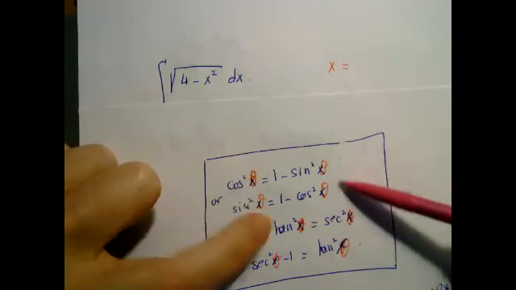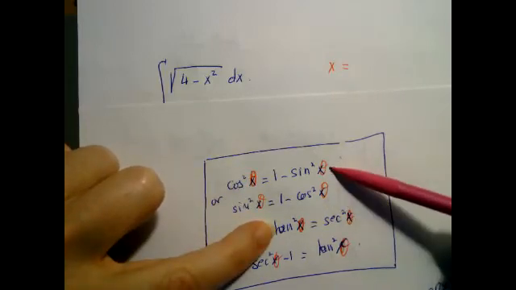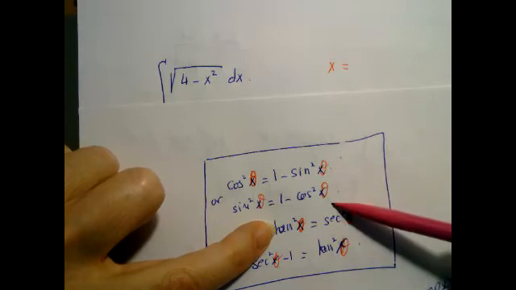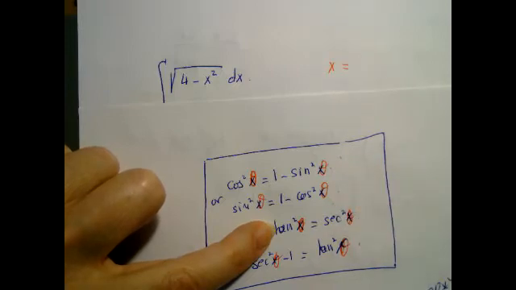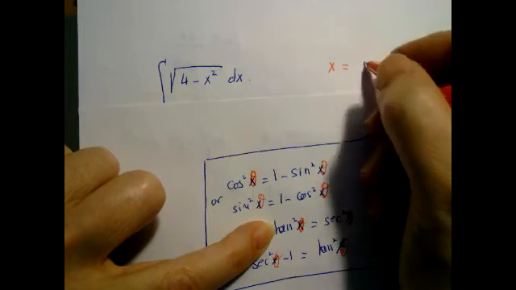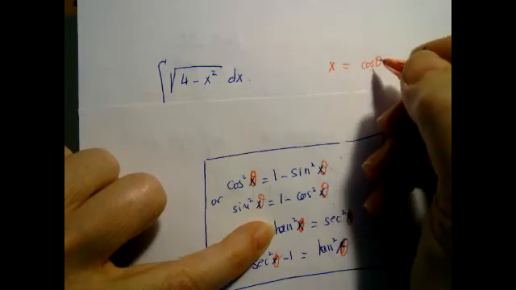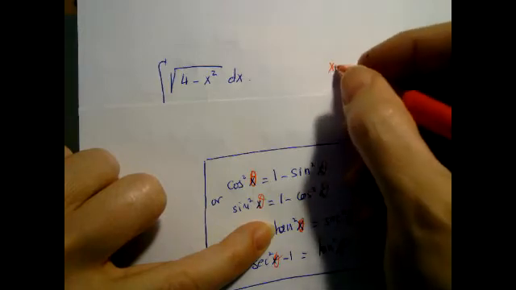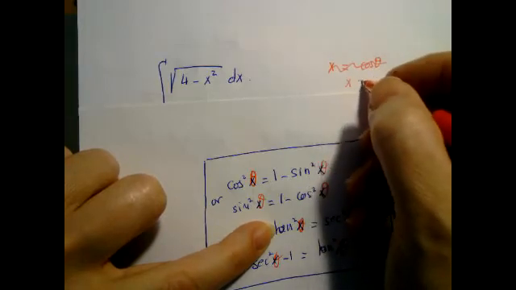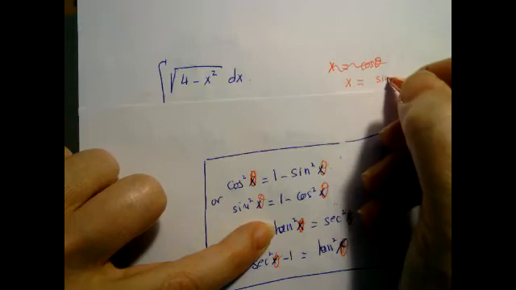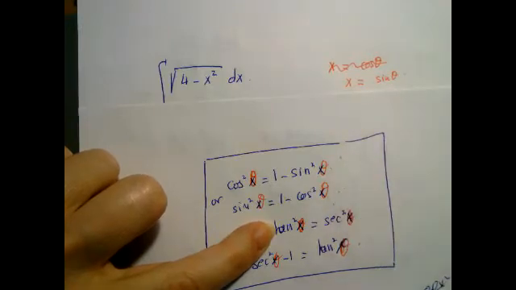Honestly, it doesn't really matter which one you pick. You can pick sine or you can pick the cosine. It doesn't matter. Okay, so I'm going to pick the cosine. No, pick sine because the derivative is, I don't have to deal with a negative derivative. Okay, x equals sine.